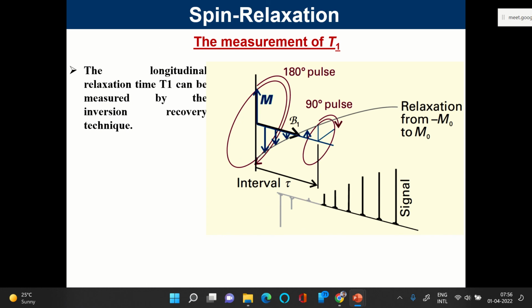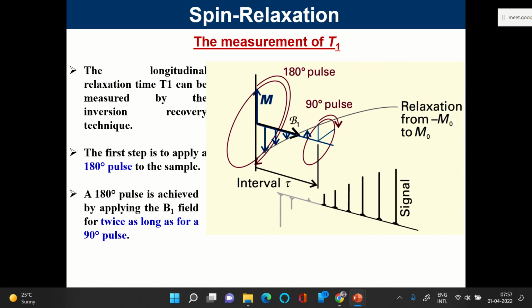So we talked about how we can measure T2, but T1 is slightly difficult to measure. You have to apply two pulses: a 180-degree pulse, followed by a 90-degree pulse. First, apply a 180-degree pulse, so you achieve a complete reversal of the magnetization.